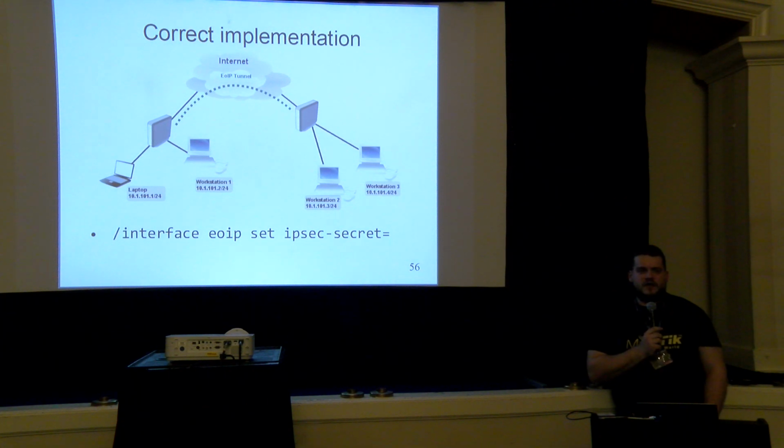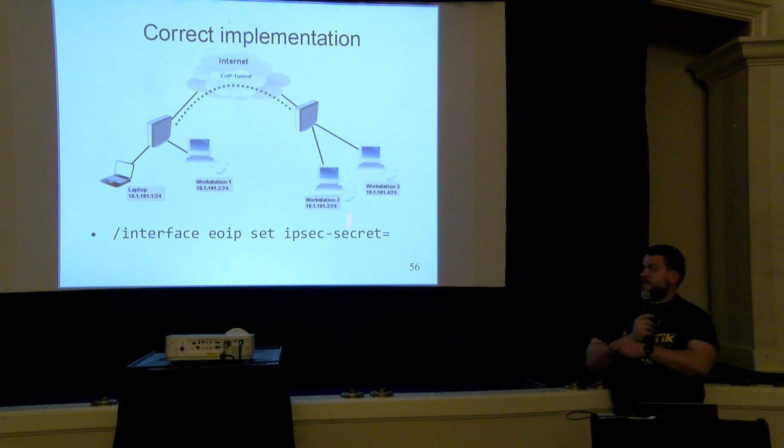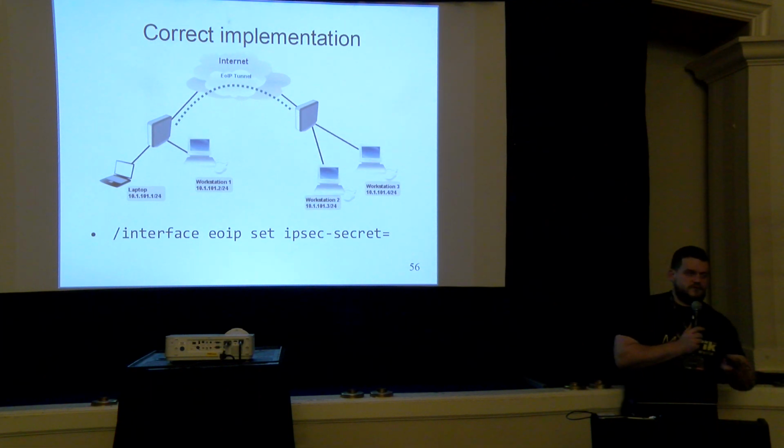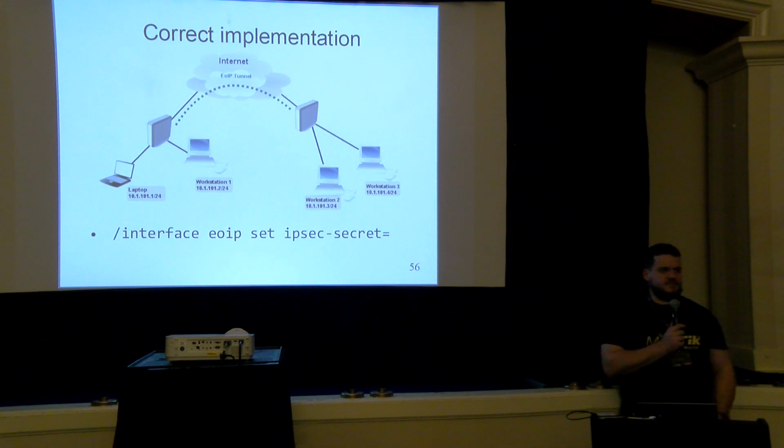That's why we're coming out with hardware that has IP security acceleration units on it, and so on. So you can take a simple Ethernet over IP tunnel and turn it easily with one option into a secure IPsec tunnel. Just specify the IPsec secret option in the tunnel settings, and that's it. Your tunnel now is an IPsec tunnel, but it works as an Ethernet over IP. So you get all the benefits.